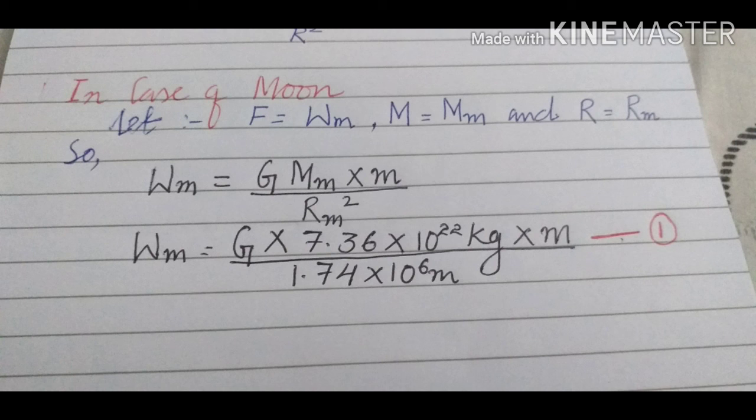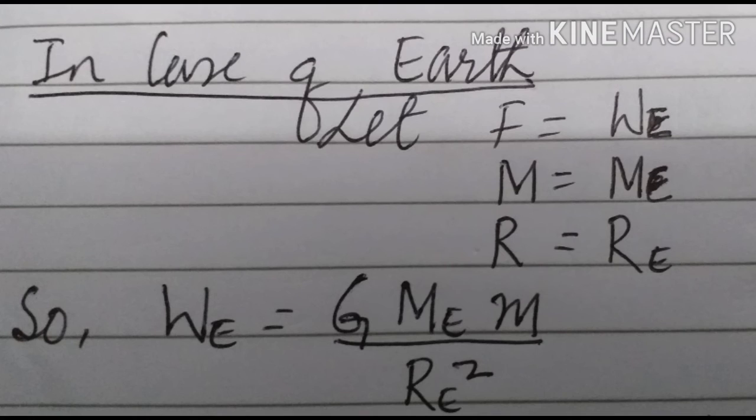Now similarly we can take the case of the earth also, same thing. In these equations we have to replace F with WE, that is the weight on earth, capital M with ME, that is the mass of the earth, and R with RE, that is the radius of the earth. Here also the same thing: in place of F we write WE is equal to G ME small m divided by RE whole square.